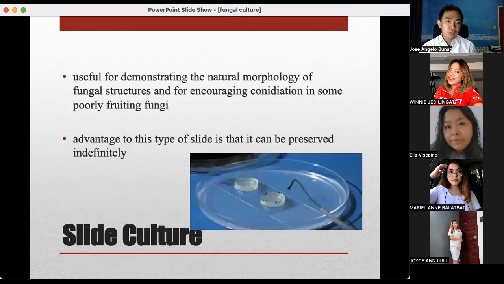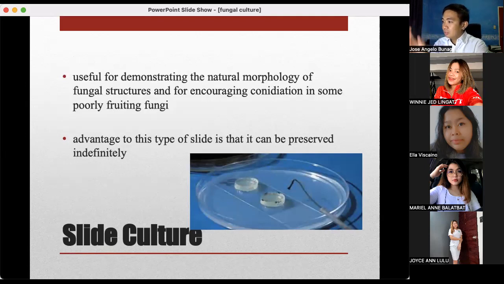And then we also have your slide culture. So basically, it shows inoculation on the agar plug. We could use this to demonstrate natural morphology of the fungal structure and for encouraging the formation of conidia in some poorly fruiting fungi.